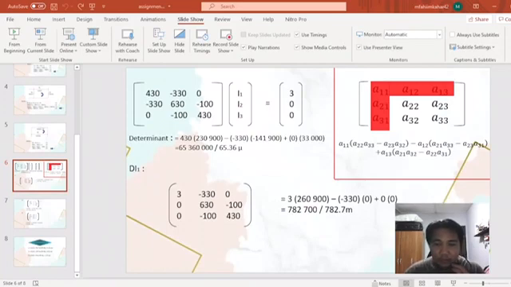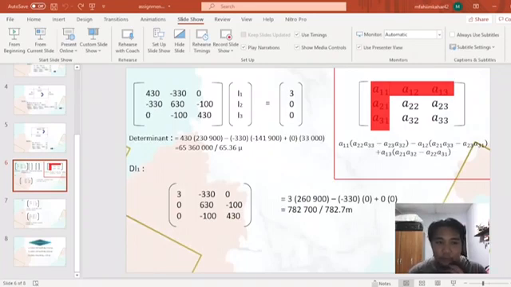We call this the minor matrix. To define the minor of A11, we cross multiply A22 with A33 minus A23 multiplied with A32. This step is repeated for A12 and A13.